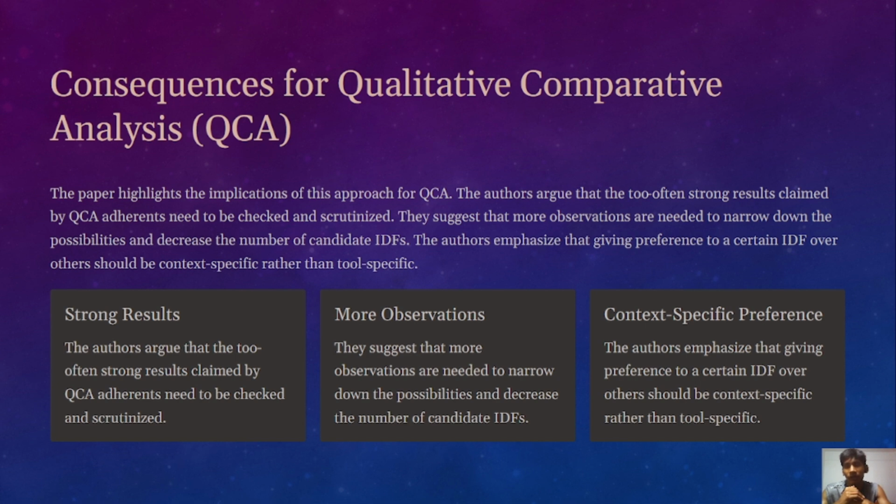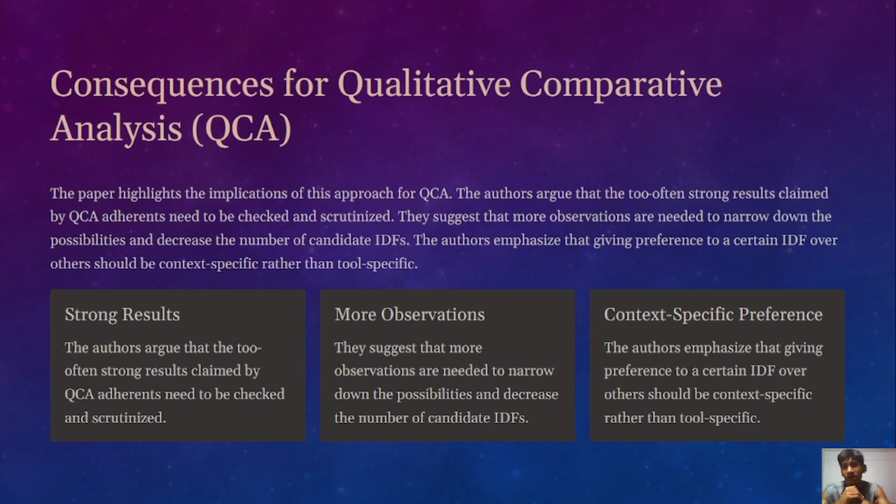The authors argue that the often strong results claimed by QCA and other methods need to be checked and circumscribed. They suggest that more observations are needed to narrow down the possibilities and decrease the number of candidate IDFs.